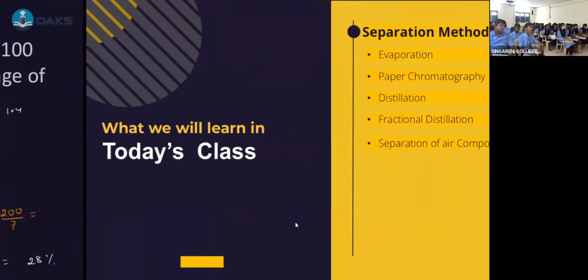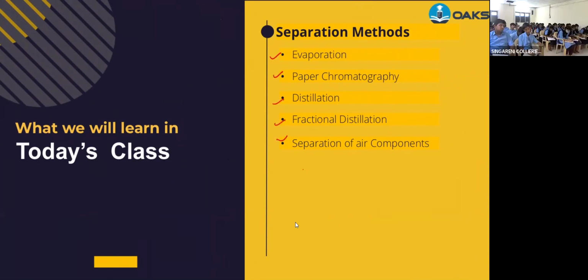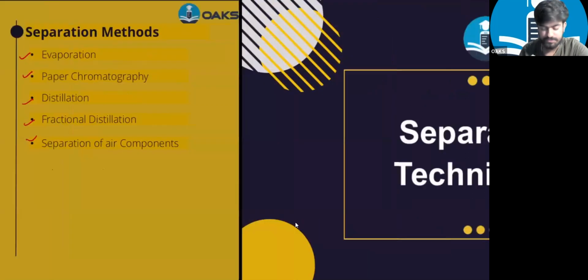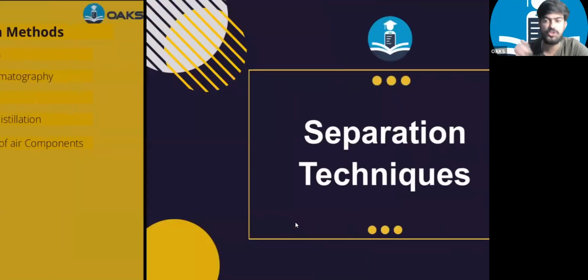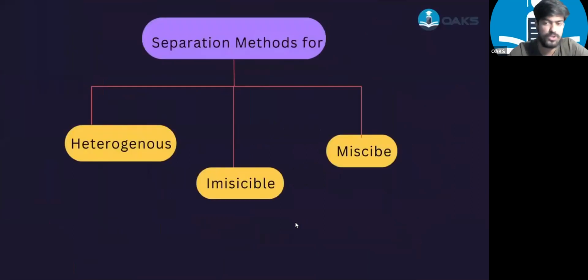Okay, that's great. Now let us start with the separation techniques. Today we are going to discuss all these separation techniques. Everyone ready? So let's start with the separation methods. We know that we have different kinds of solutions, different kinds of mixtures.